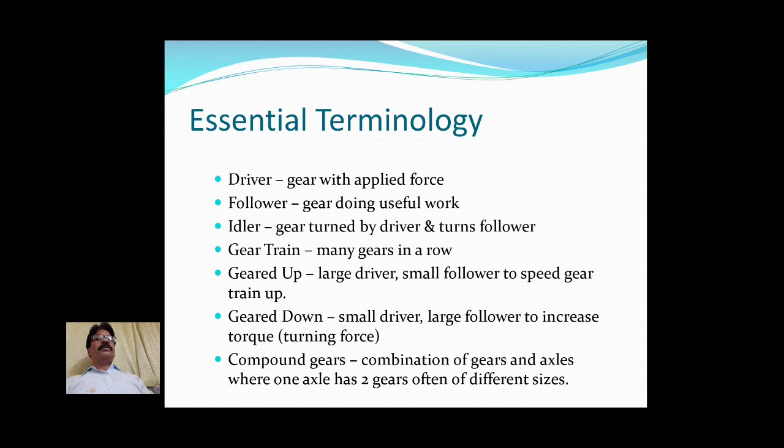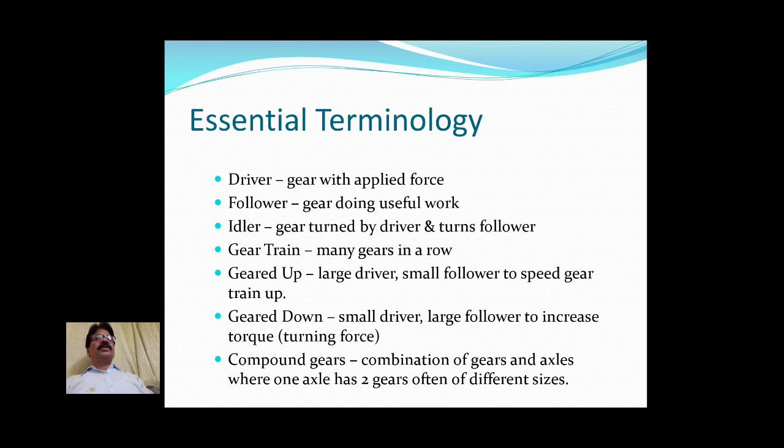Gear train is nothing but n number of gears meshed or engaged in a row. Geared up is nothing but a large driver, small follower, which will speed the gear train up. That means the rotational power given is geared up.